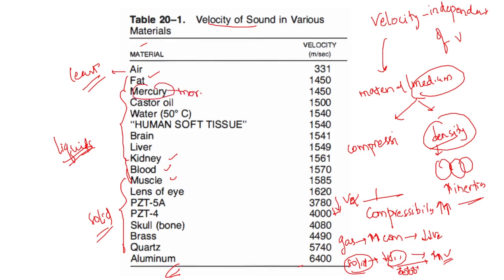Mercury is more dense when compared to water. So mercury has increased inertia. Propagation of sound mainly includes rhythmic starting and stopping of particulate motion. So if there is more inertia, it will take more time to start and more time to stop.